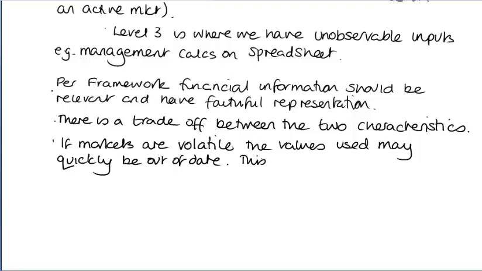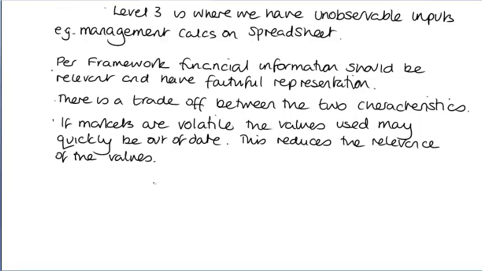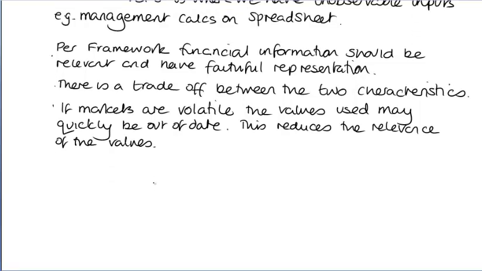So this reduces the relevance of the values. So I'm trying to pick out the words from the question. Notice that the question has the word "and" in it, volatile and illiquid.